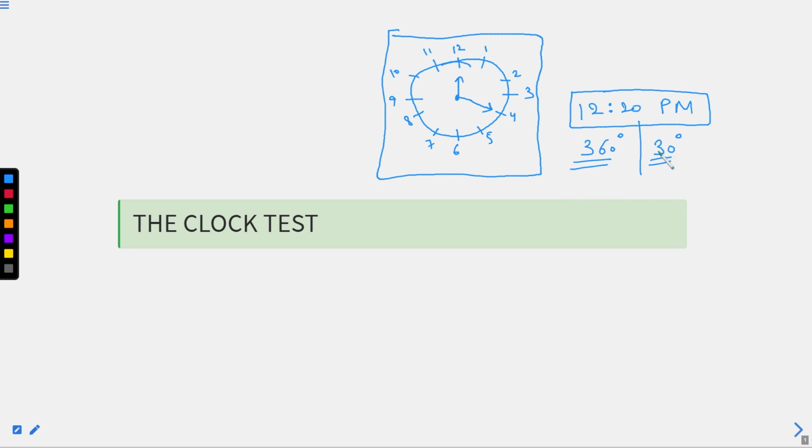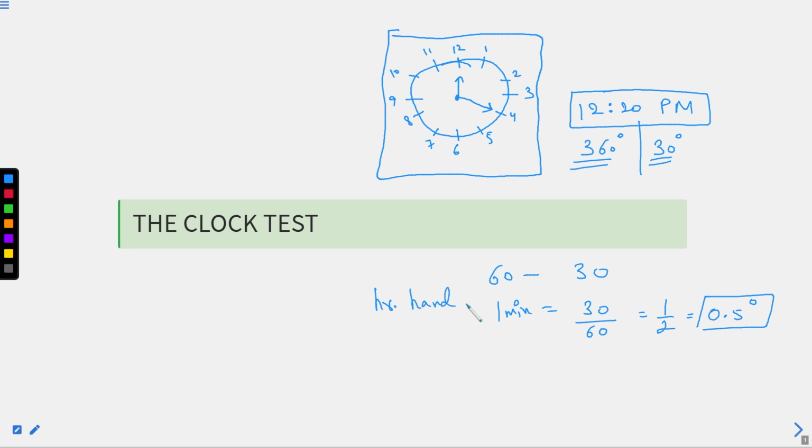In 60 minutes it covers 30 degrees, so in 1 minute it will cover 30 upon 60, that comes out to be 1 by 2 or 0.5 degrees. This is the condition for our hour hand.